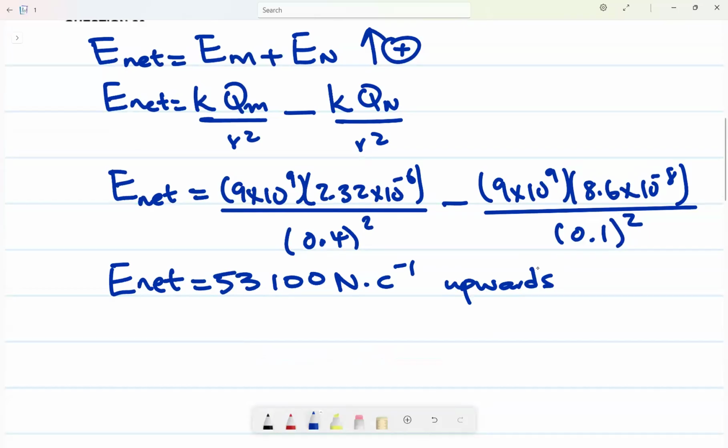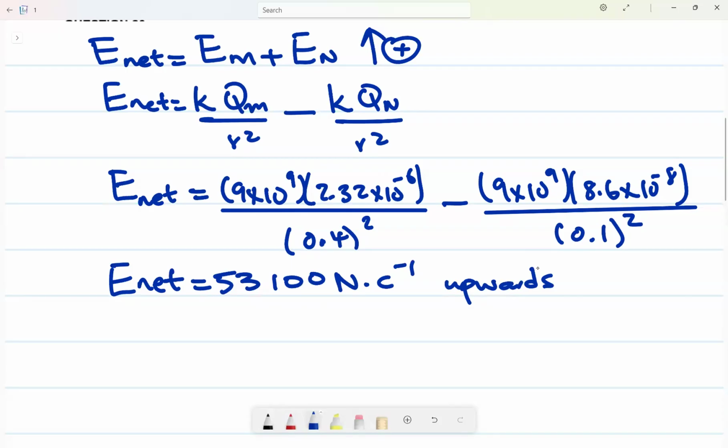Let me repeat for the last time. 2.32 times 10 to the power of negative 6 divided by 0.4 squared, minus 9 times 10 to the power of 9, 8.6 times 10 to the power of negative 8 divided by 0.1 squared.